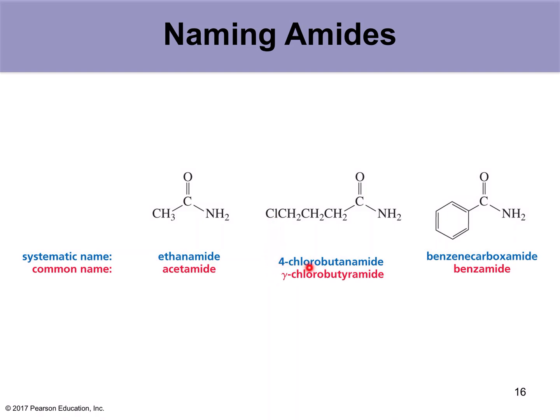So 4-chlorobutanamide. It's going to end in amide, and since it is 4 carbons long, butanamide, 4-chlorobutanamide. And then this one has a benzene ring and the carboxamide group, benzene carboxamide or benzamide is this molecule.